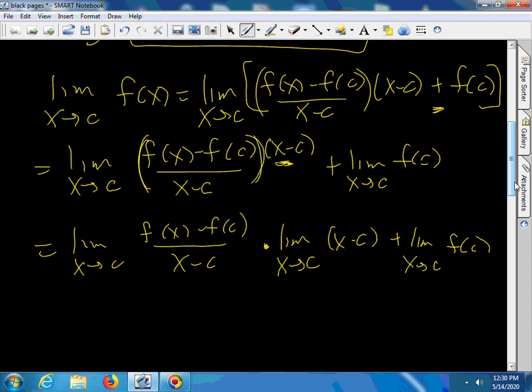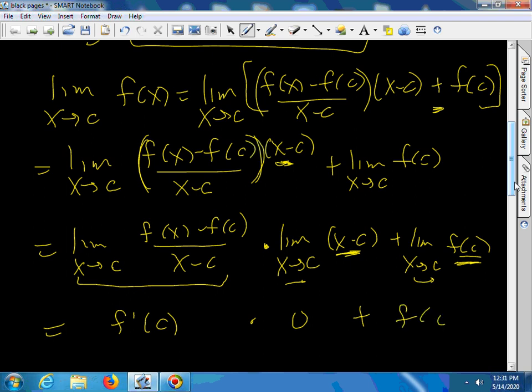Now, the limit of this, since f is differentiable at c, is f prime of c times, as x goes to c, x minus c goes to 0, plus f of any value, c or otherwise, is a constant. When we take f of a number, we get back a number, a constant. As x changes, that constant doesn't.